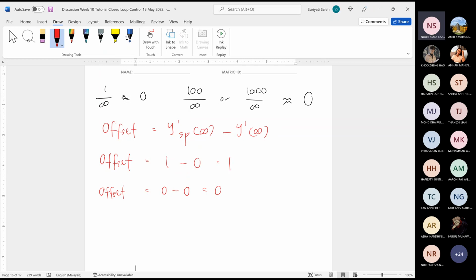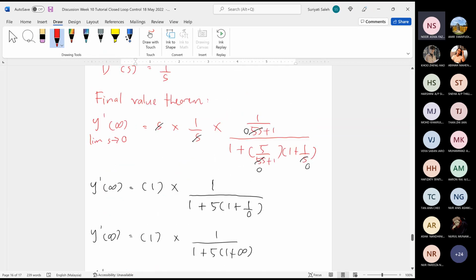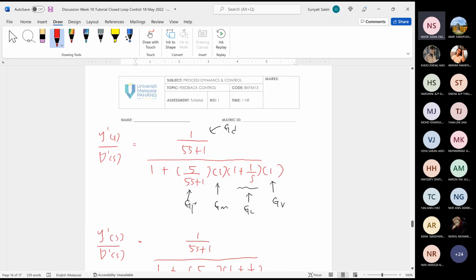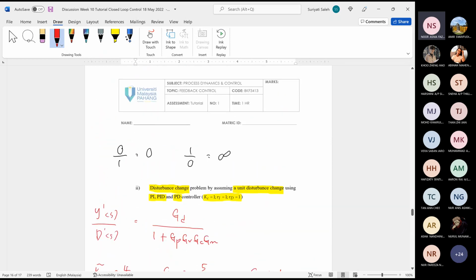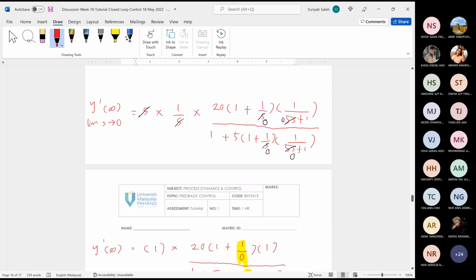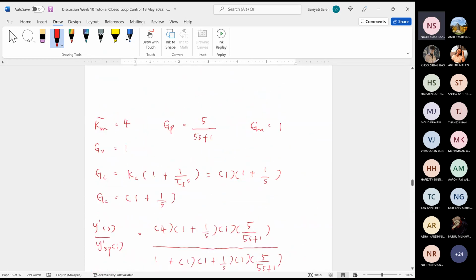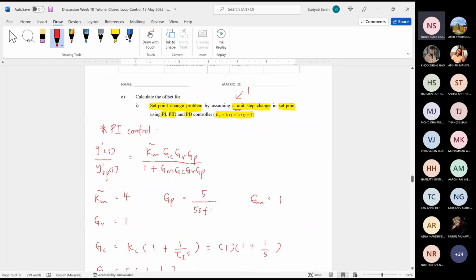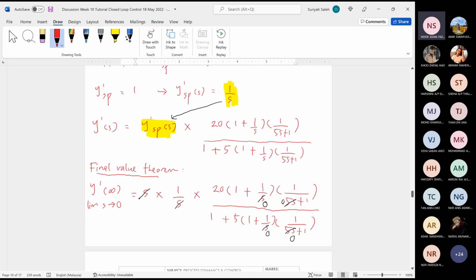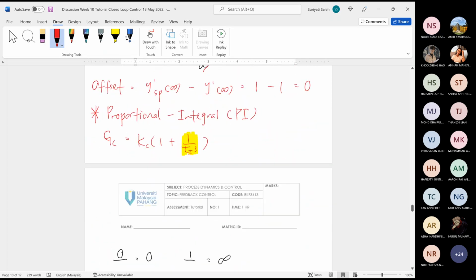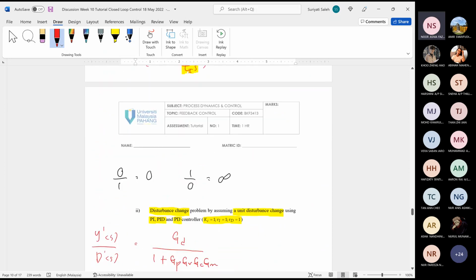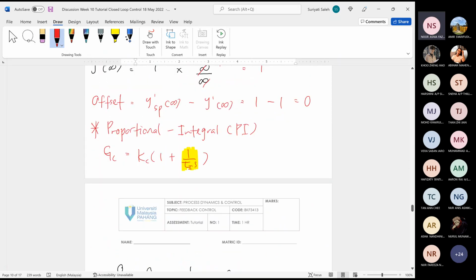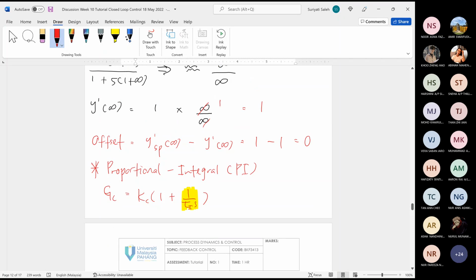For this part, I hope all of you listen clearly. Just to revisit, we already calculated two offsets. The first one is based on the PI controller for set point change problem, where the offset is 1 minus 1 equal to 0.